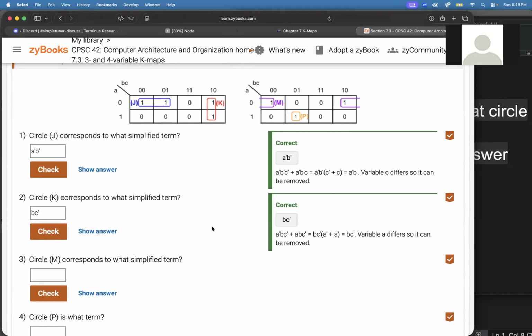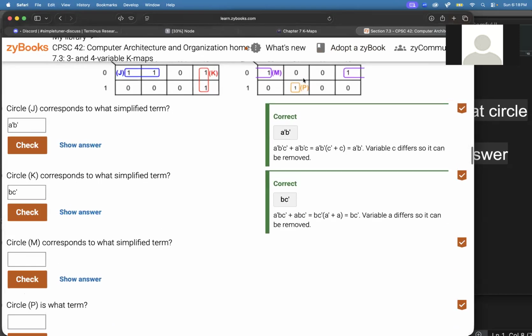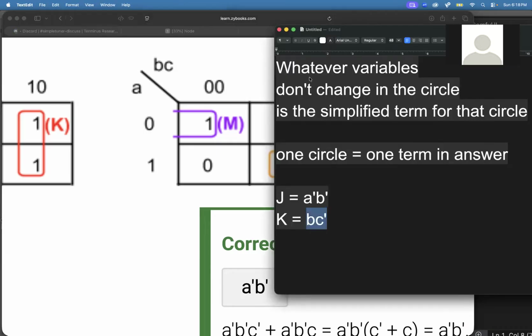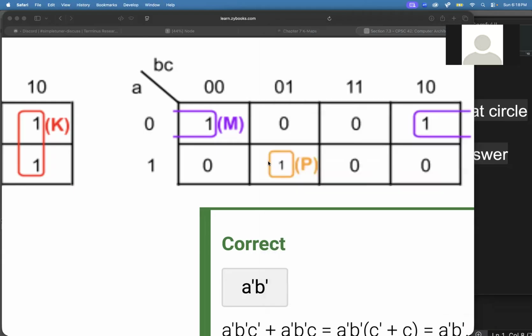All right, I'm going to skip one and go to this one here, P. When you have just one thing circled by itself and you're asking what variables don't change in the circle, well, nothing changes.